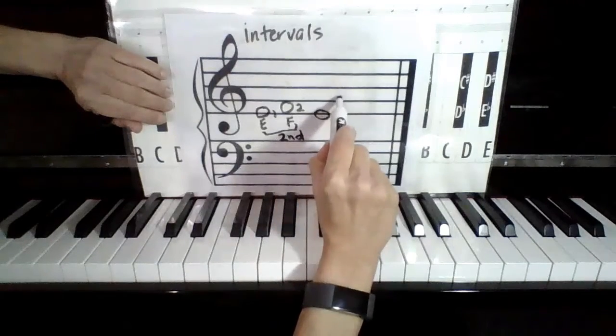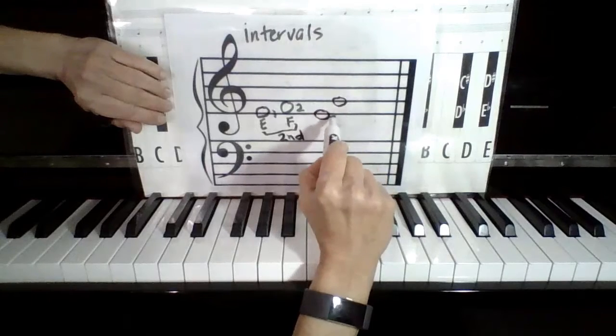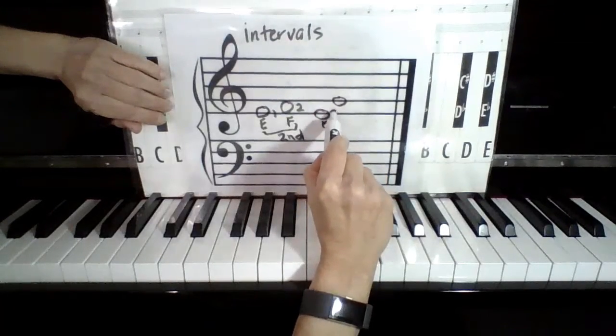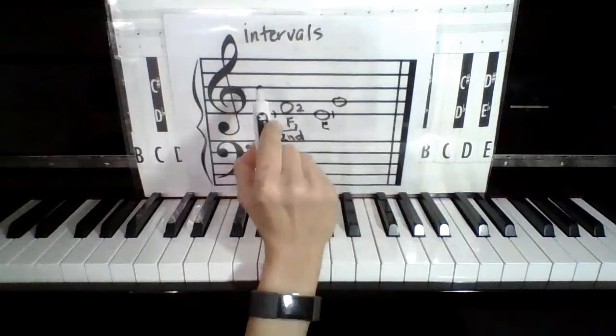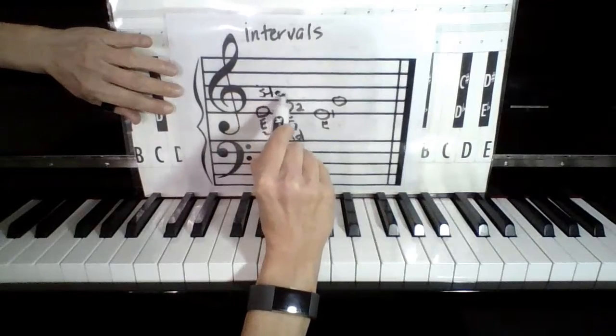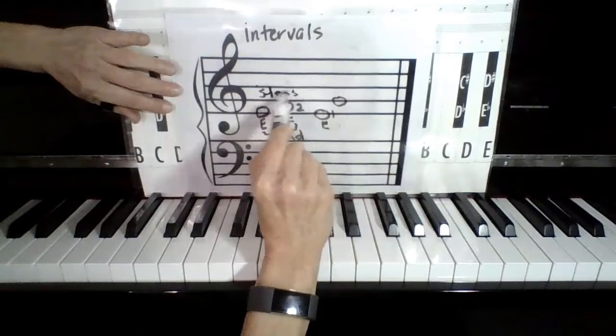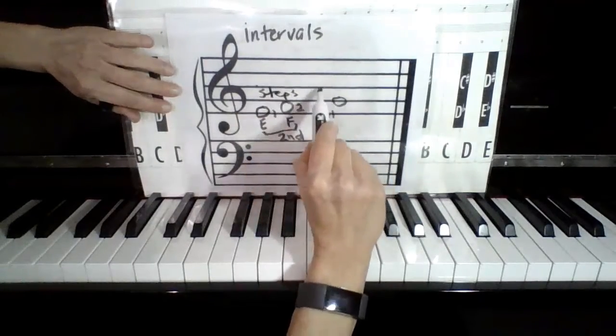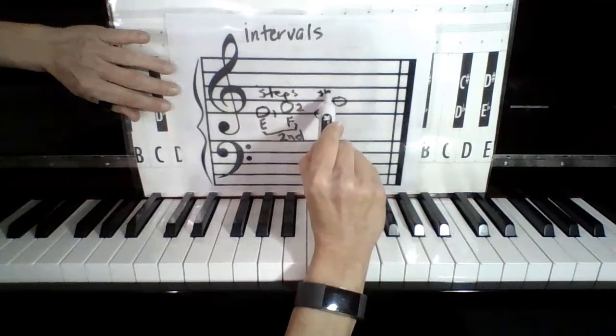Now the next one, start at E again, and if you recall, we've talked about steps, which is going up one note at a time, and then this would be a skip.